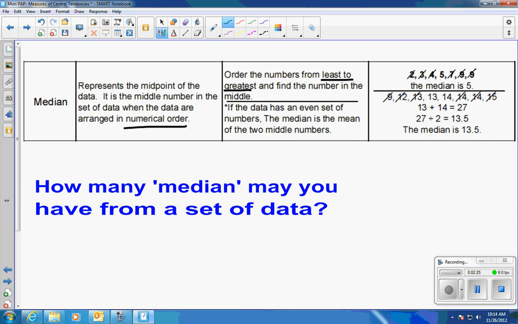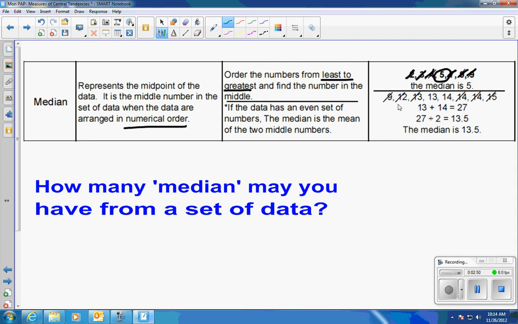Starting from end to end, I'm going to cross that one off and that one, and that one, that one, and that one. 5 is in the middle, so it is the median. And the way that I remember this is if you are ever driving down a road that has that piece of grassy area in the middle, that's actually called a median, and it's in the middle of the road. So that's kind of my trick to help me remember which one this is.